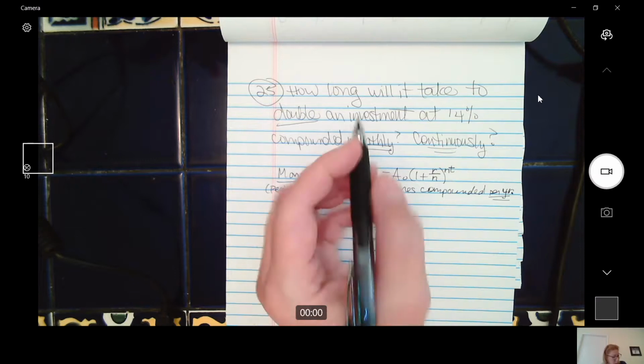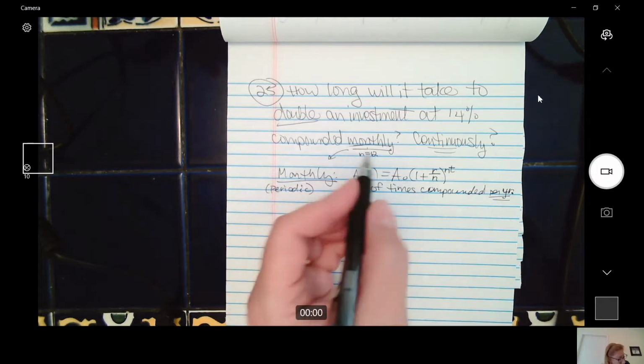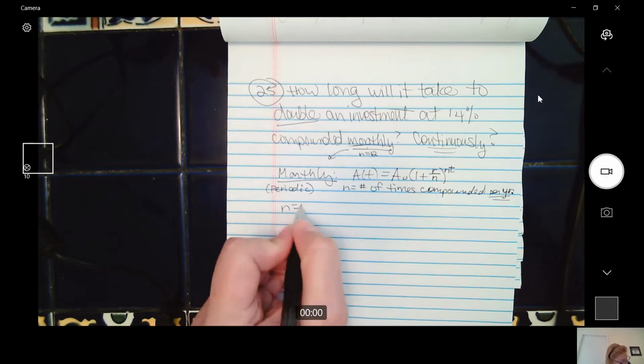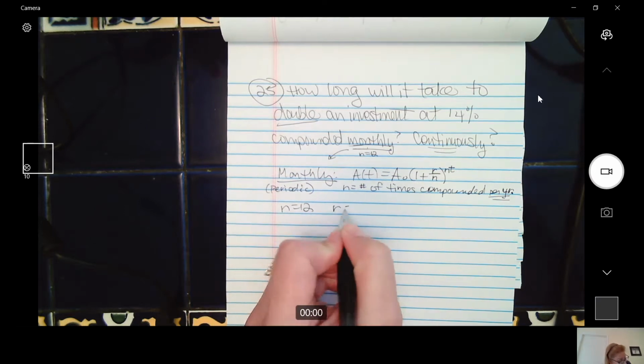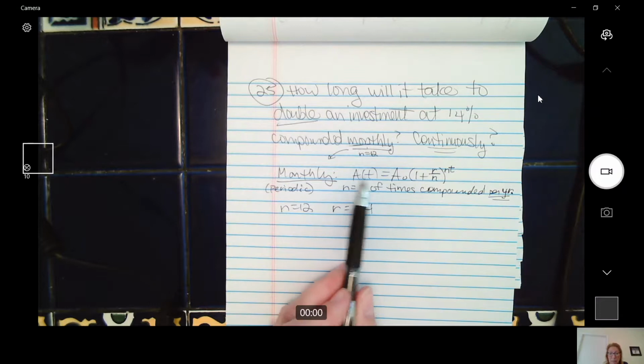So monthly means N is 12 in this case. If it said quarterly, N is 4. If it said weekly, N is 52, and so on like that. All right, so monthly means we're going to use an N value of 12. The rate, it said, was 14%, but we're going to use that as a decimal, so 0.14. And then the A naught, and then the A of T, that's just your beginning and ending amount.